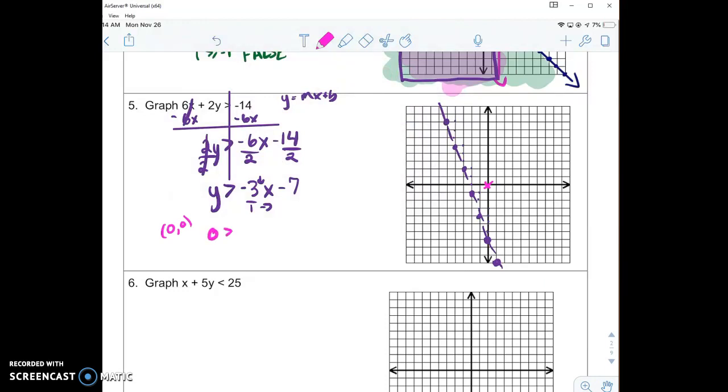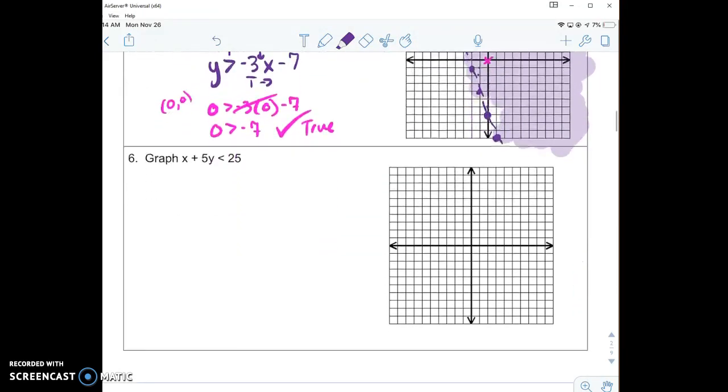So I'm plugging in 0 is greater than negative 3 times 0 minus 7. Negative 3 times 0 is 0. So 0 is greater than negative 7. This is true. 0 is always bigger than negative numbers. So I am shading towards the origin. My solution is everything in that shaded area.